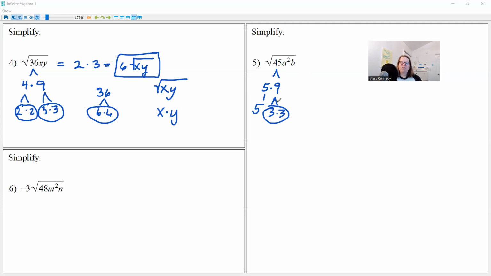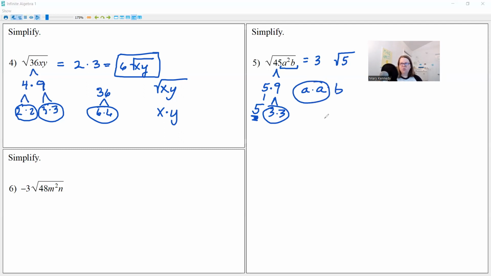So if we have a perfect square of 9, square root of 9 is 3. So I know I have a 3 on the outside, and underneath I still have this 5 because there's no pair of 5s. It's just one 5. So it has to stay under the radical, under the square root sign. All right, and now let's think about the letter part. a squared means a times a, because there's 2 of them multiplied together, and b is just b.